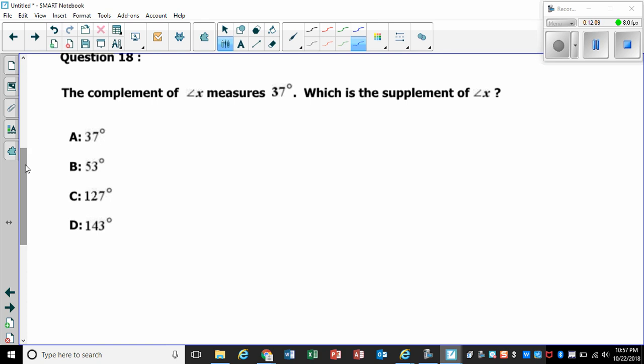All right, a complement of x measures 37. What's the supplement of x? So what this means is x plus 37 gives you 90, or you can do 90 minus 37.